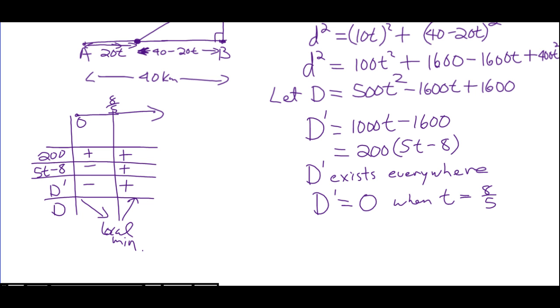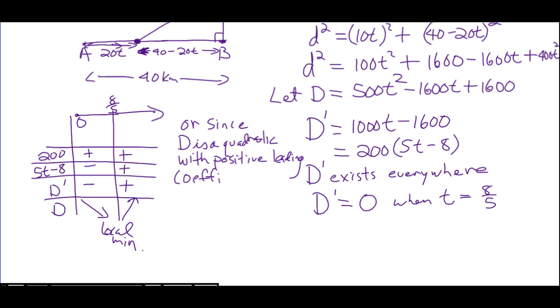Don't you know that from like the quadratic one? Yeah. Or since D is a quadratic with positive leading coefficient, let's see if I can actually write it this time.